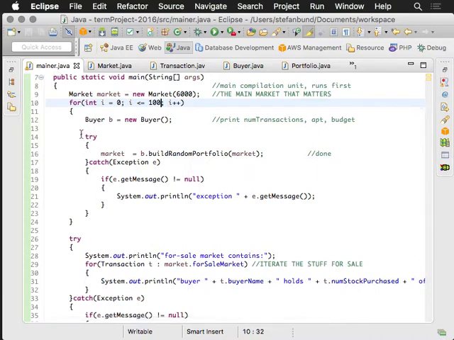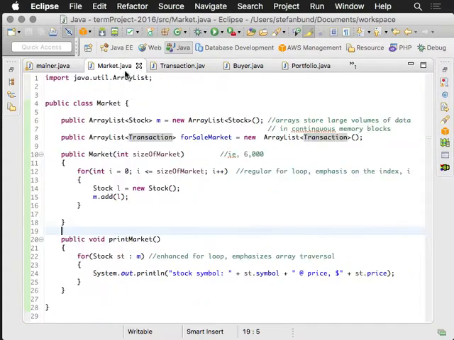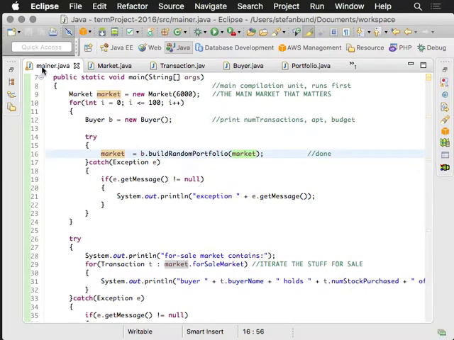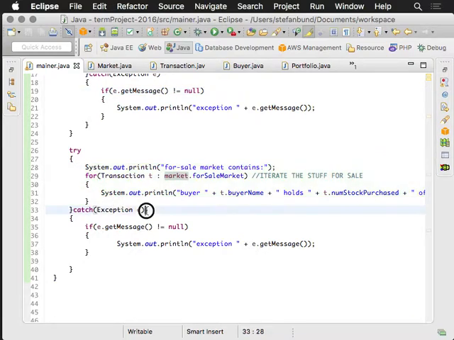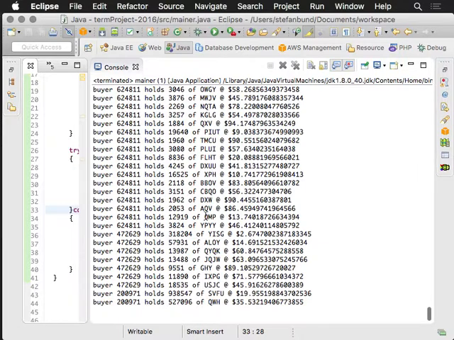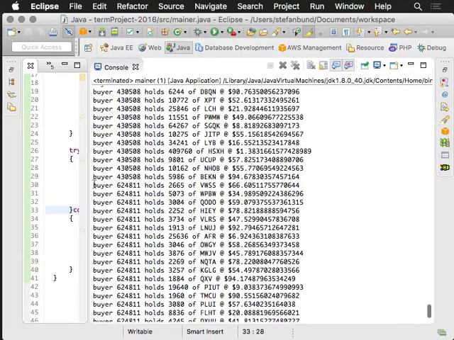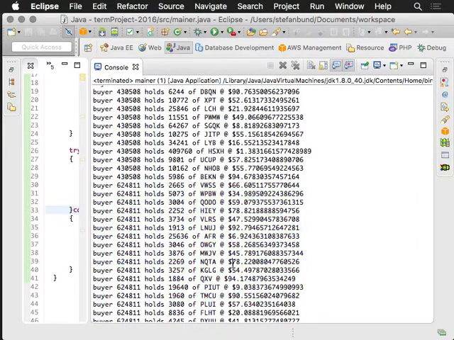The main has a new try-catch rubric that helps to not move forward until we buy the random portfolio. We're also transforming the market itself. And as we move through each buyer, we're increasing the for sale market. That's just a trick that we're using to create the illusion of the active market. And then once we're finished, we want to prove that we have a for sale market at all. And it contains various items. And we'll iterate on a per buyer basis right there.